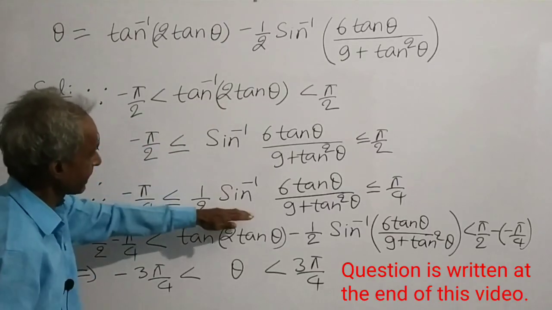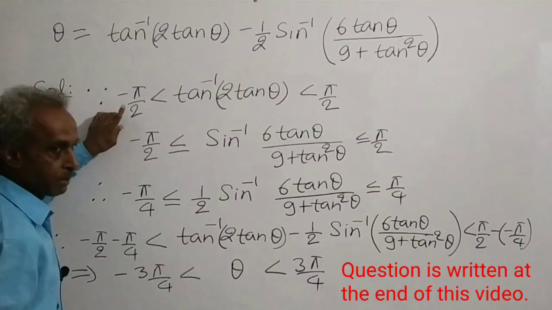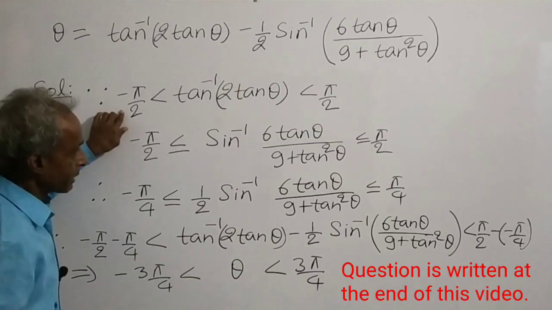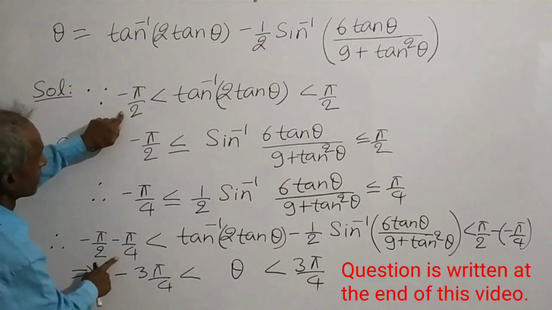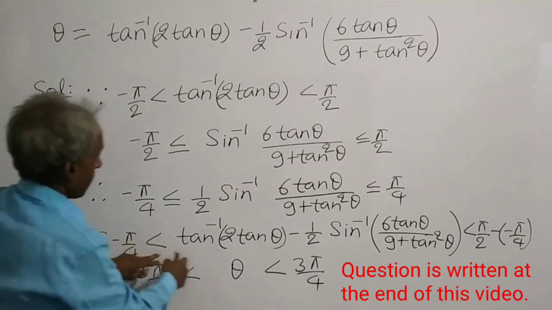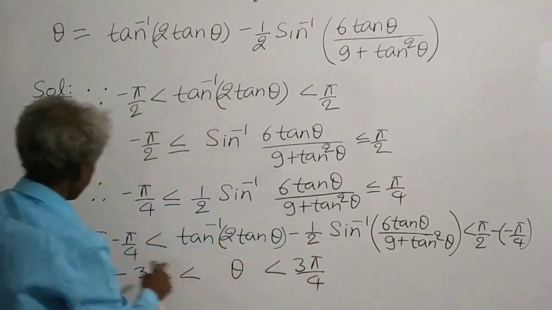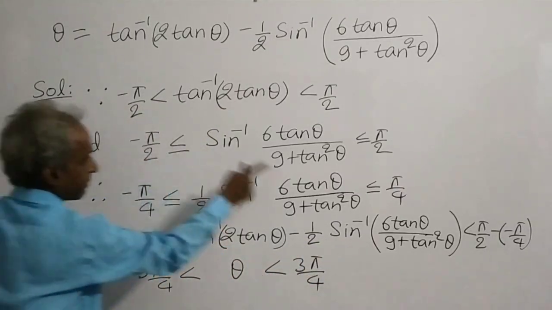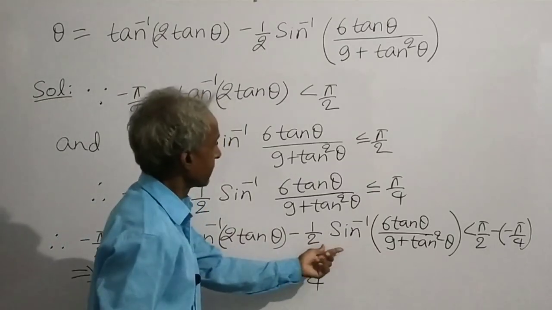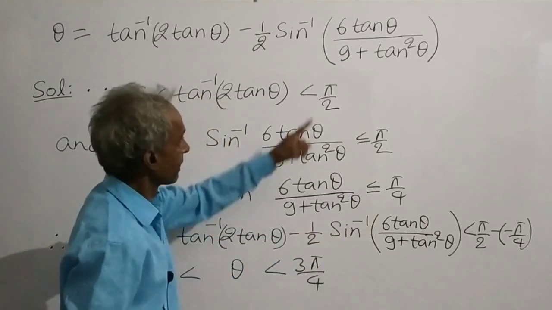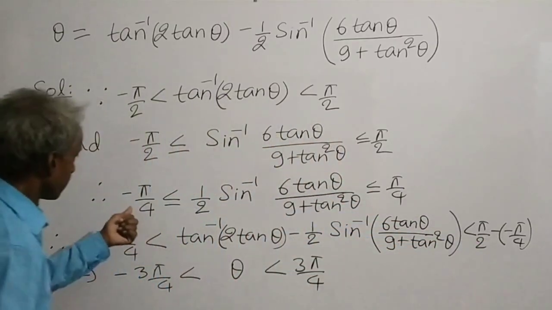Now this minus this minus this will be greater than this minus this. This minus this will be greater than this minus this, and this will be less than this minus this.